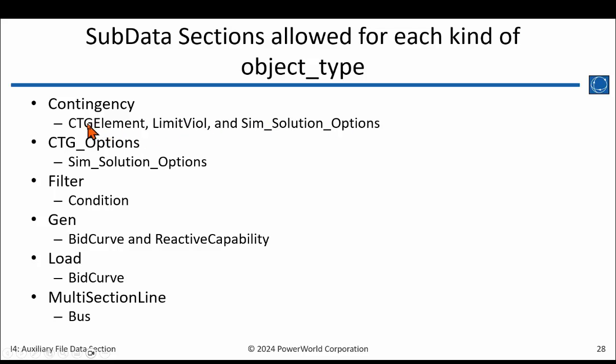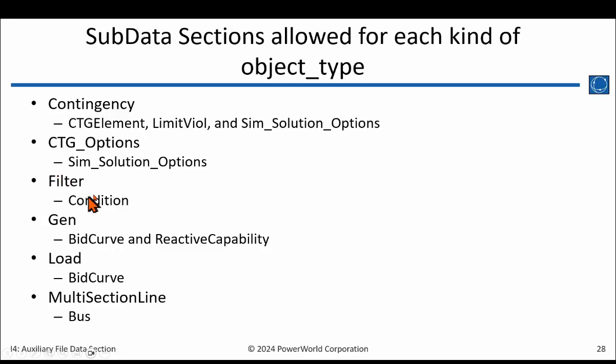So the contingency element is the one we just looked at. If you've already run the contingencies and you have results, then the violations could appear as subdata. And also if you have solution options that are associated with individual contingencies, those could appear as subdata as well.